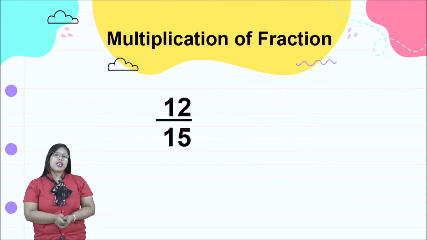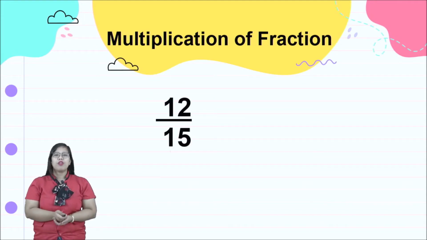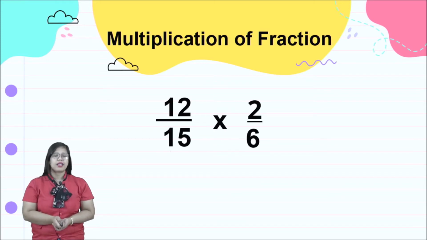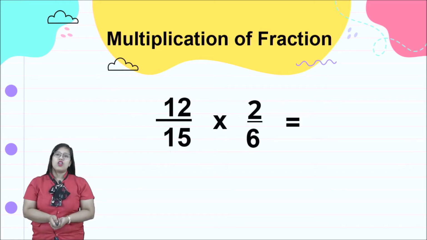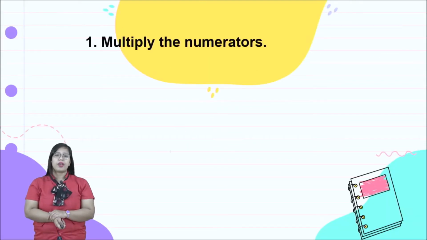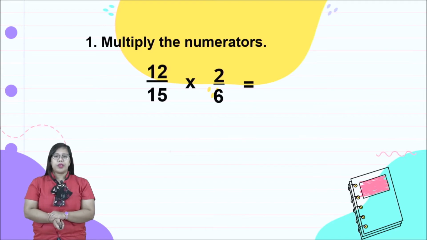Another example, kids, is 12 over 15 times 2 over 6 equals. Let's find out what their product will be. Again, our first step is we need to multiply the numerators. The numerator is the number above the line.